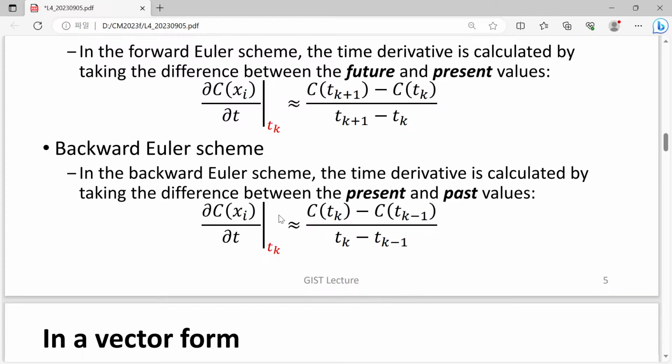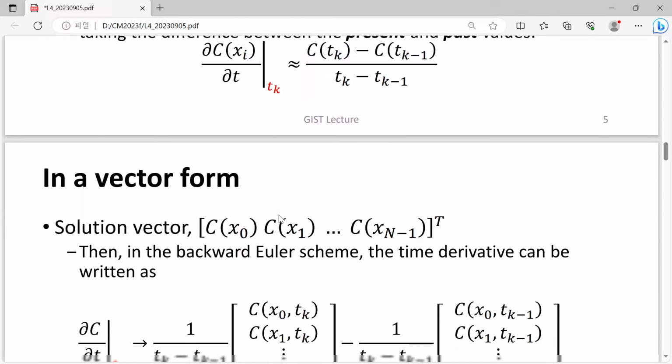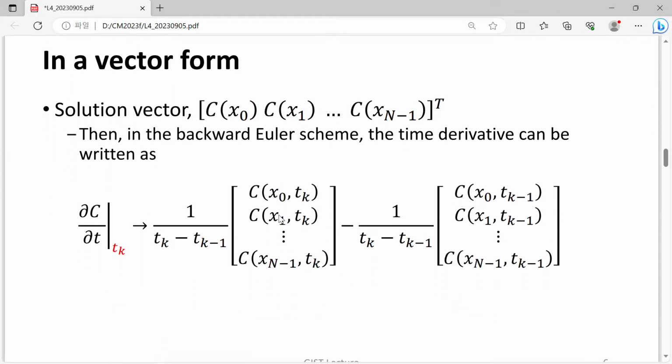Okay, so what is our choice? What is our choice in this course? We will always take this backward scheme. Backward scheme means that, once again, we take the time derivative by using our present value and the past value.